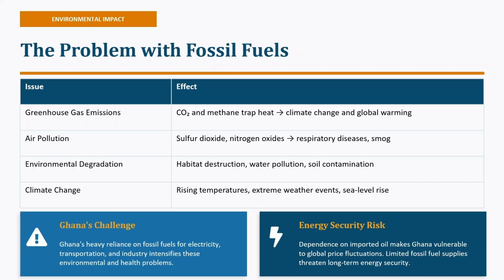Using fossil fuels is not without its problem. One of the problems with fossil fuels is that they generate carbon dioxide and also trap methane in the atmosphere. These are referred to as greenhouse gas emissions, and these lead to climate change and global warming, where you can have high temperatures in the atmosphere.